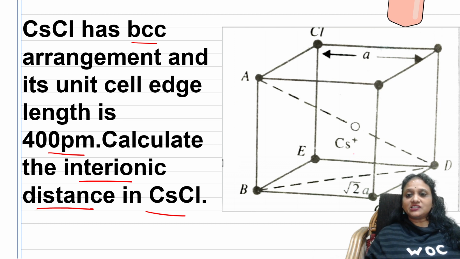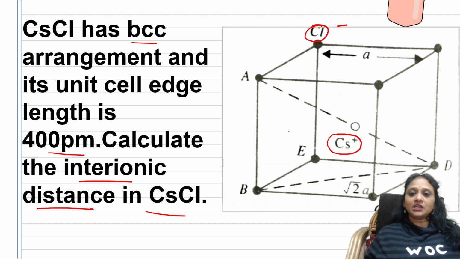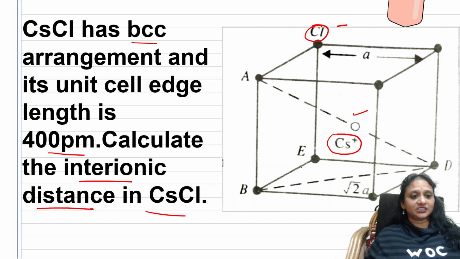Basically, this is the cesium chloride crystal, students. The chloride ions are here with the negative charge, and the cesium ion is in the center with the positive charge. This is the BCC lattice because you have an atom at the center, in the body center.